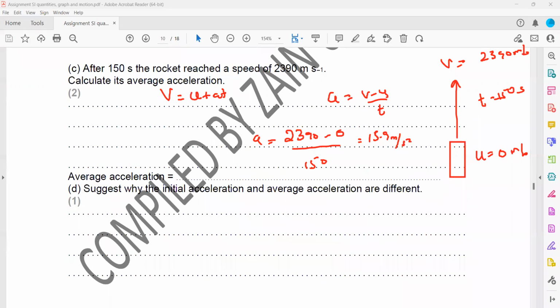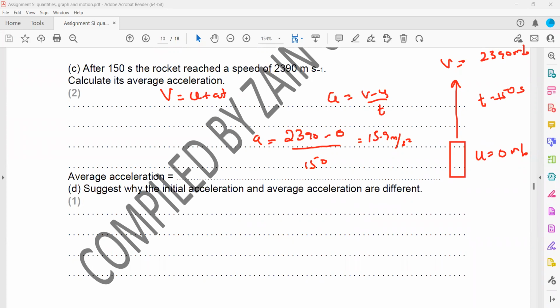So you can see the initial acceleration was only 1.38, but the average acceleration is higher. What accounts for the difference between the initial acceleration and the average acceleration? Why are they different from each other? Because the mass of the rocket is continuously changing.